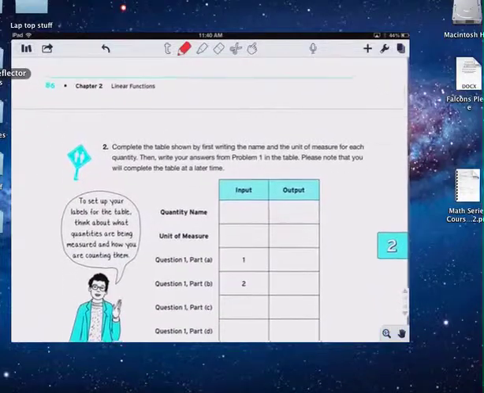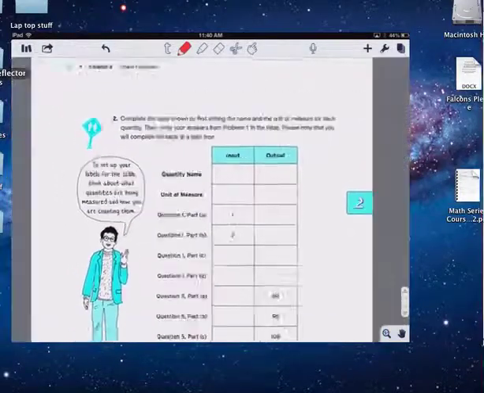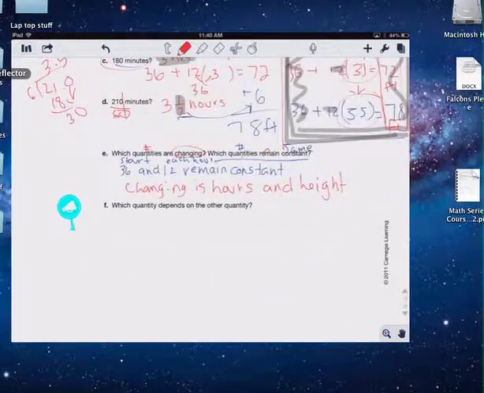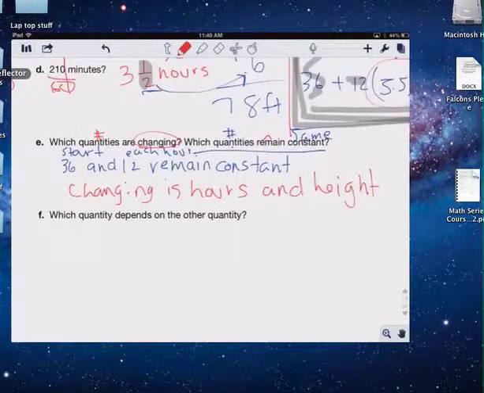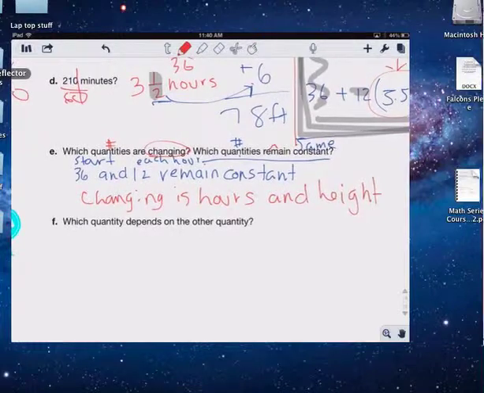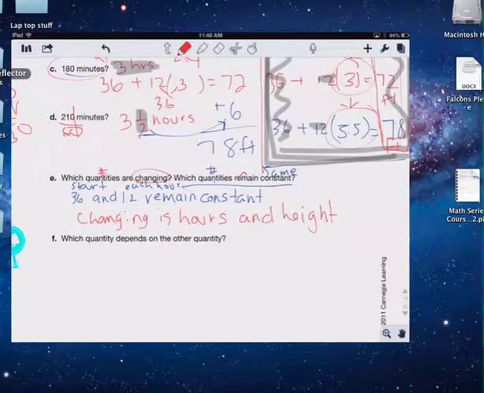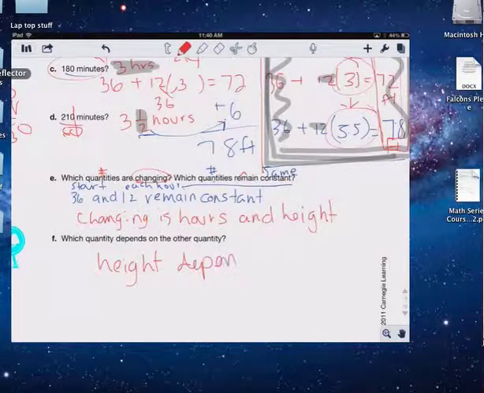Now let's go to the next page. Wait, so we're supposed to do that for F? Which quantity depends on the other? The height depends on what? The height depends on the hours. The height depends on the hour.